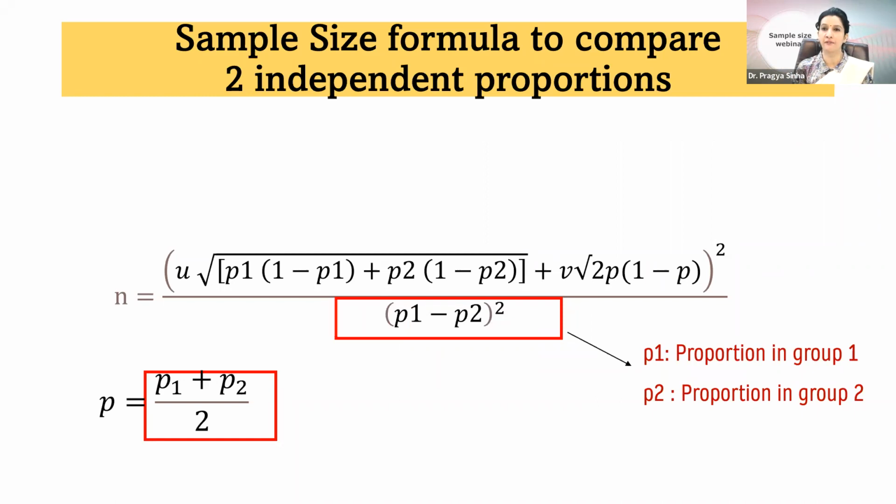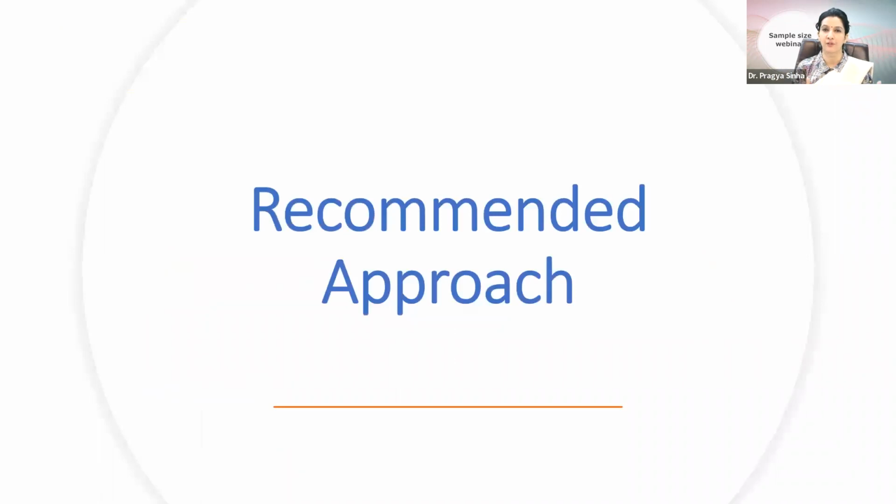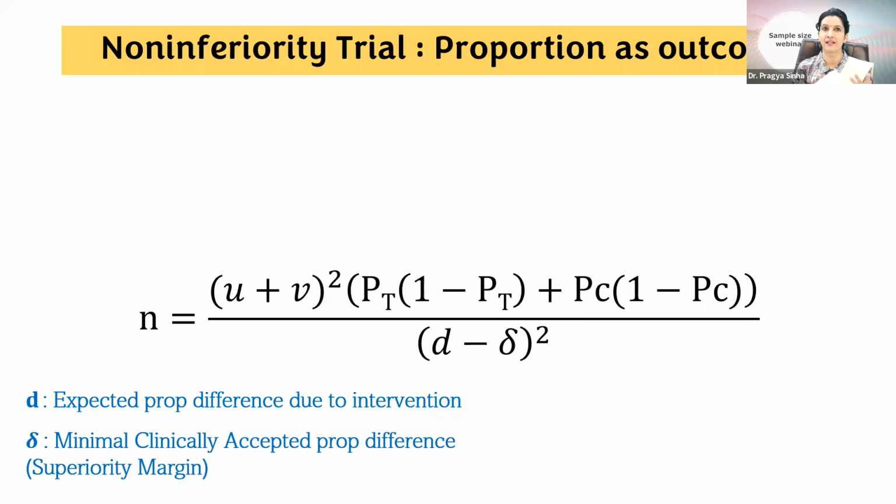And this is the proportion in group 1, and this is the proportion in group 2. And this is the average proportion, P1 plus P2 by 2. So the recommended approach is non-inferiority trial, which is, in this case, like an equality trial. We have discussed this.